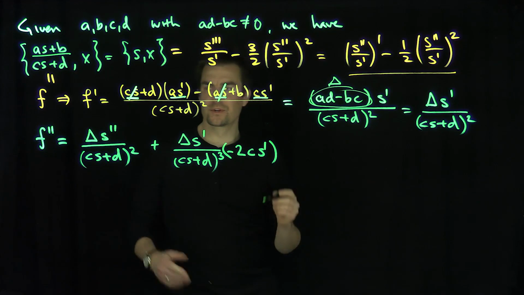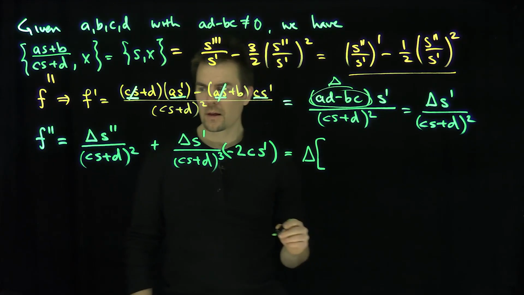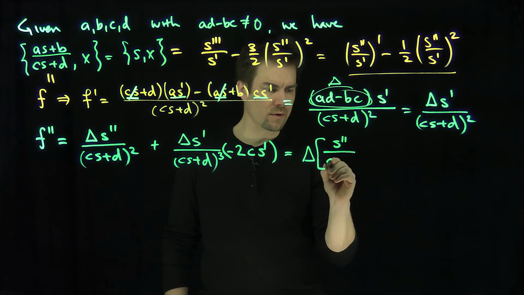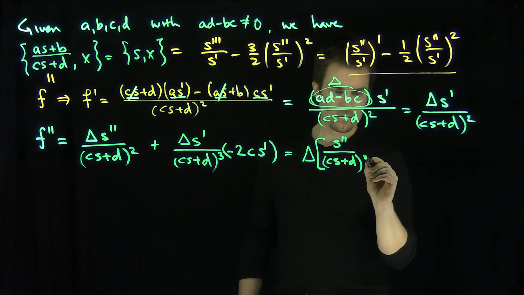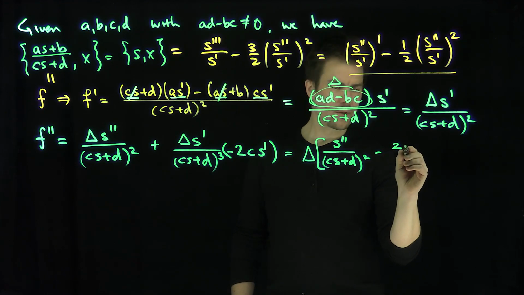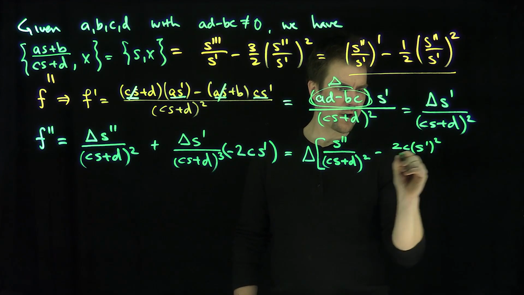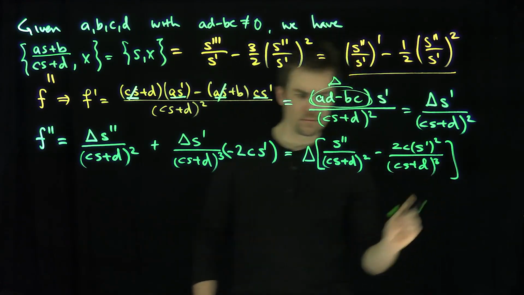So what this simplifies to is a delta in front of everything, and then we'll have s double prime over cs plus d squared, and then a negative 2c s prime squared over cs plus d quantity cubed.